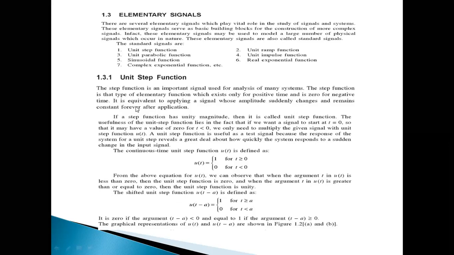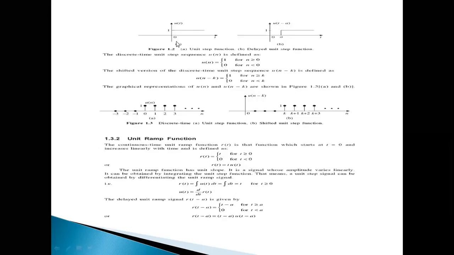So the definition says the step function is a type of elementary function which exists only for positive time and is zero for negative time. For all negative values of t it is 0, and for all positive values of t, the magnitude is 1.